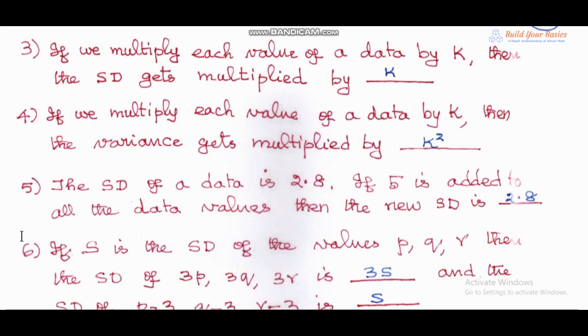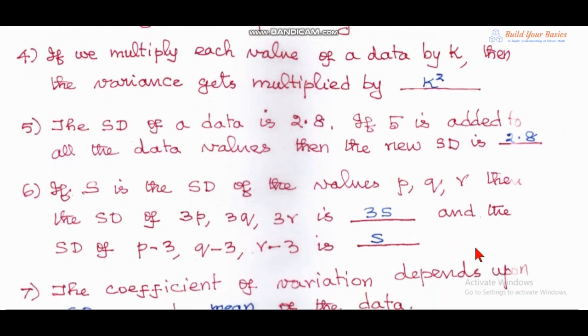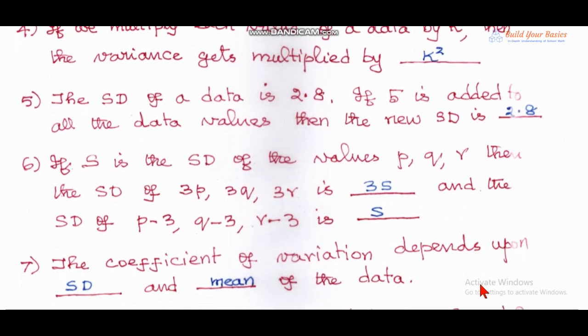2.8. Question number 6. If S is the standard deviation of the values P, Q, R, then standard deviation of 3P, 3Q, 3R is 3S, and the standard deviation of P minus 3, Q minus 3, R minus 3 is S. Question number 7.